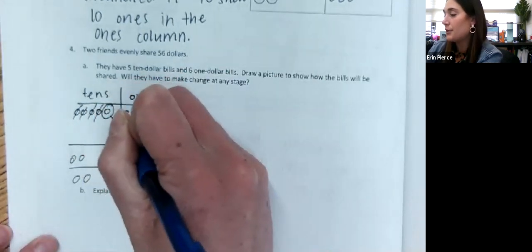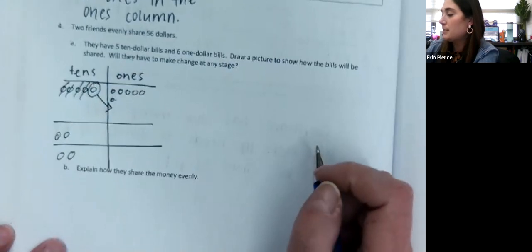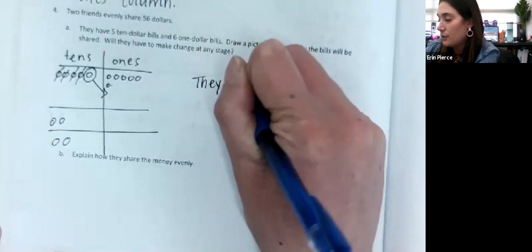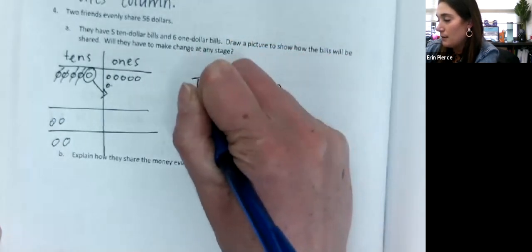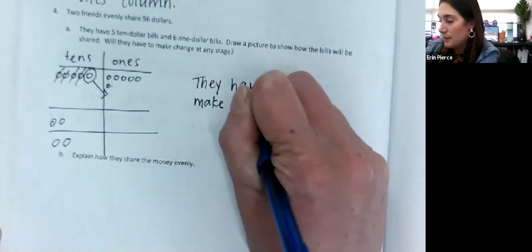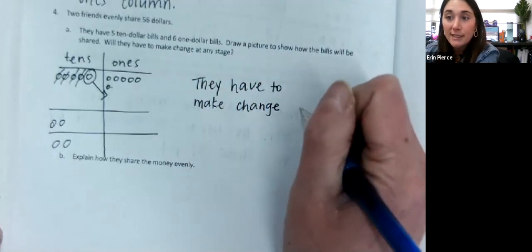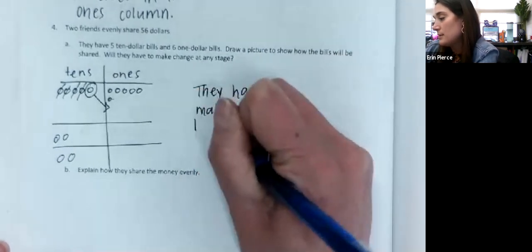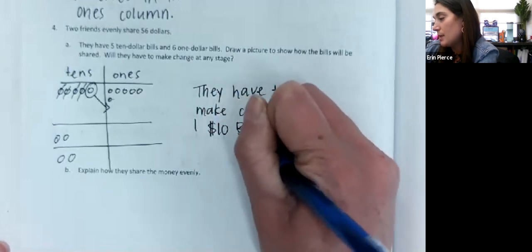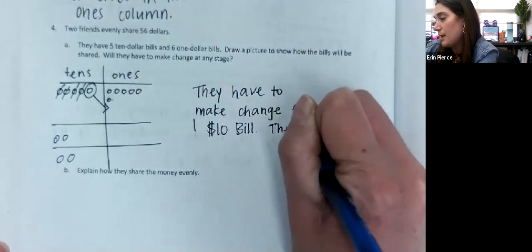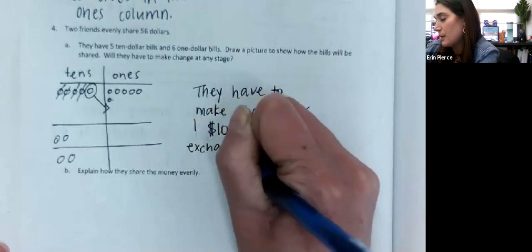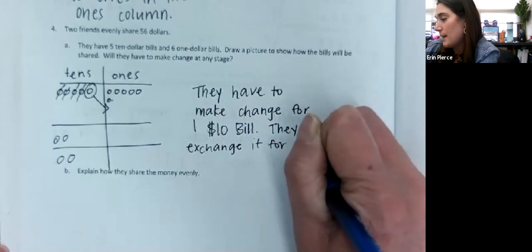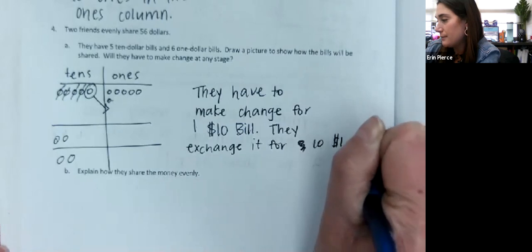So before I count those out, I'm going to say they have to make change. That means exchange the 10 for 10 ones. They have to make change for one $10 bill. They exchange it for 10 $1 bills.